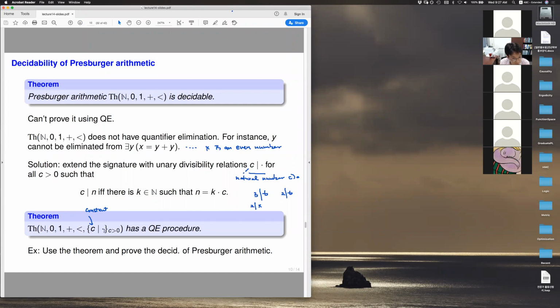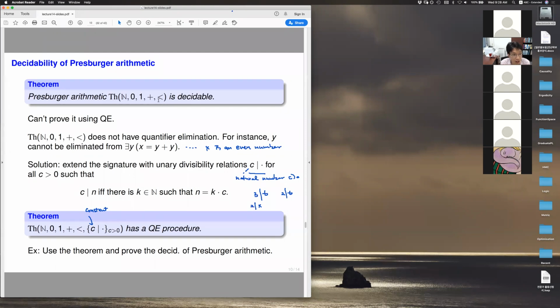procedure for this extended signature, and then using this, show that the Pressburger arithmetic is decidable. So Pressburger arithmetic, sometimes when people talk about Pressburger arithmetic, they are referring to this extended signature, sometimes not. But in this particular exercise, let's say Pressburger arithmetic without this extension, we want to show that it is decidable.